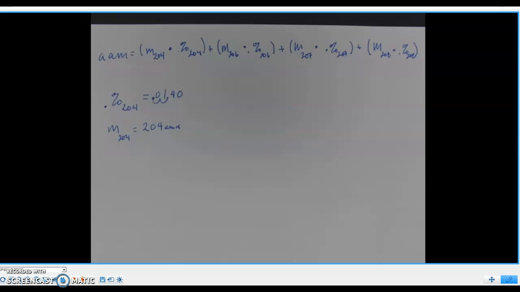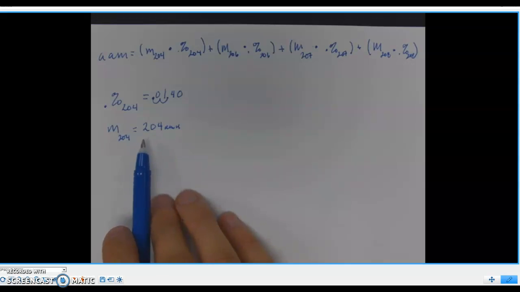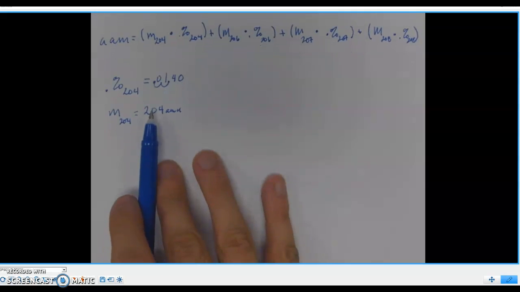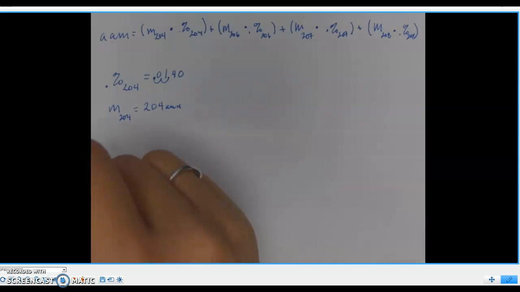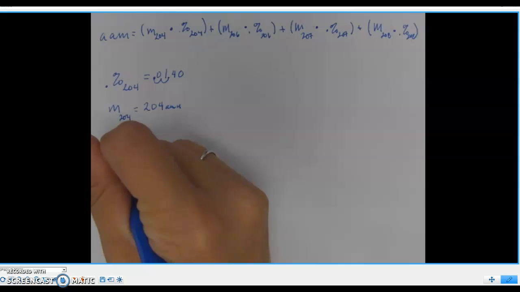Now, if a problem gives you a table and it tells you the exact number for the mass, then use that instead. If it doesn't, then we can make a pretty good approximation using the mass numbers instead of the atomic mass of the individual isotopes. So I have my decimal.